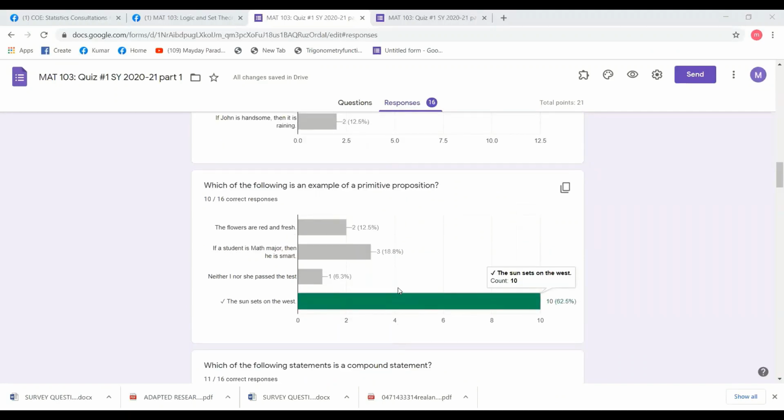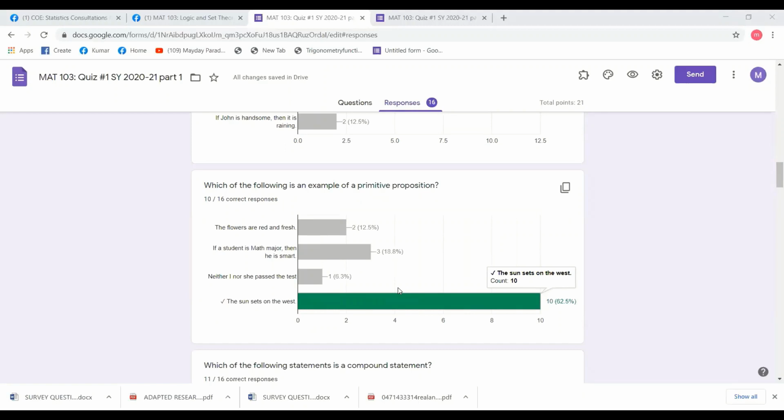Number two, we have: which of the following is an example of a primitive proposition? If we say primitive, then it is not compound. In other textbooks, they call it a simple statement.